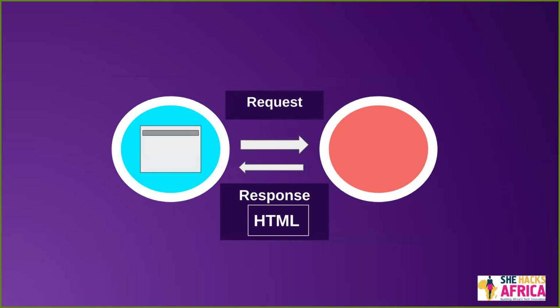I don't have a picture of the browser, but let's make do with what we have there. As you make a request, just a link, the server checks for the resource and sends it back to you as HTML, and then the browser shows it to you. What we call render is just a fancy way of saying the browser is showing you what you have requested.